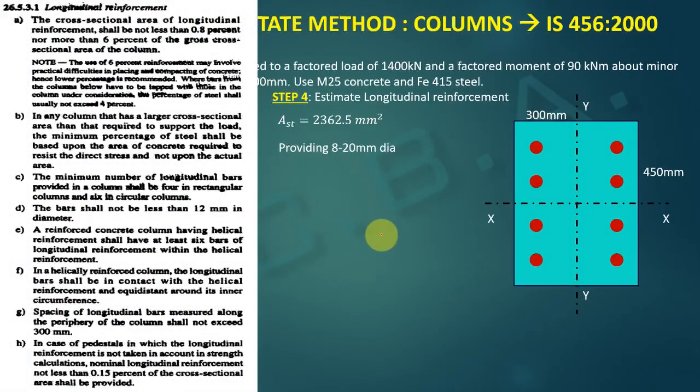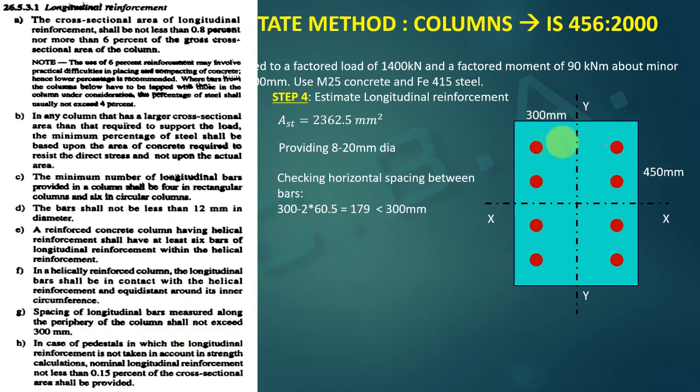Now let us check all the horizontal spacing. Horizontal spacing means the spacing here, and whether we should provide an extra longitudinal reinforcement here or not, that we just have to check, because it is given that spacing of longitudinal bars measured along periphery of the column shall not exceed 300 mm.